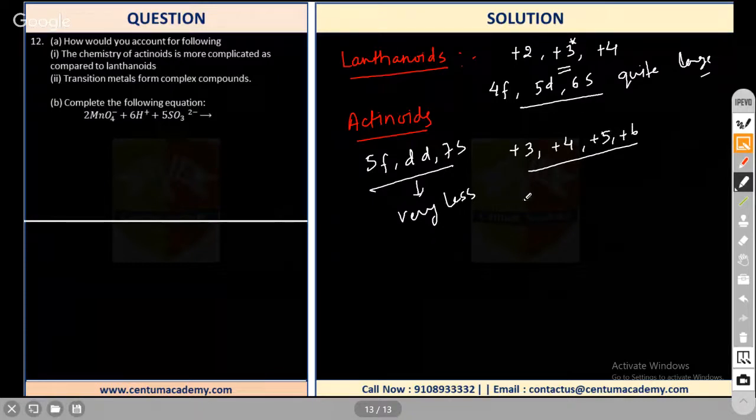And if you talk about neptunium, this particular element exists in +3, +4, +5, +6, and +7 also. This kind of different oxidation state is possible. That's why it is very complex. When a large number of oxidation states is there, the energy difference is very less, so they can form very complex compounds. So that's the reason we have here.